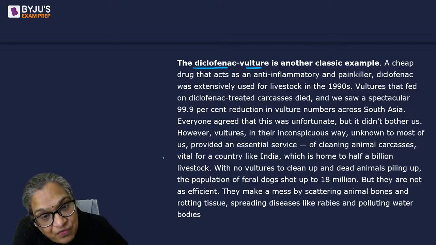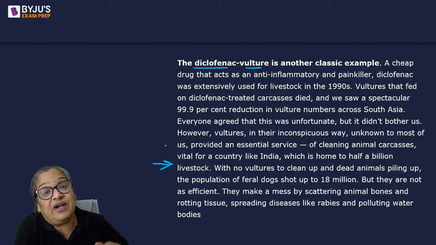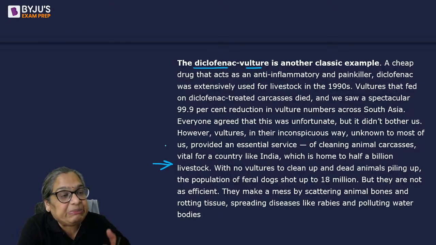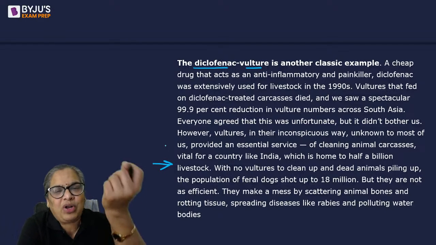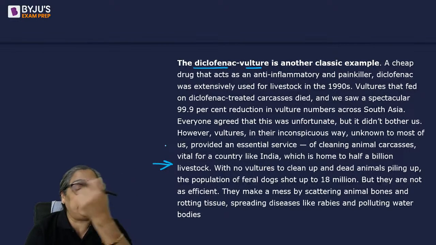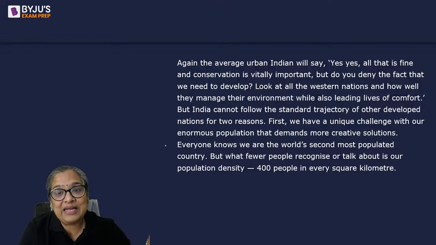And the lack of vultures meant natural scavenging isn't happening. Diseases, feral dogs, wild dog population has gone up, and rabies and pollution has increased. Small thing. Medicines that you're taking has got rid of vultures. You all know, of course, we can't see sparrows anymore, right?